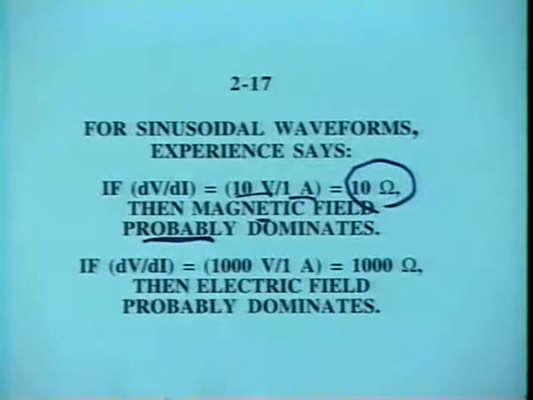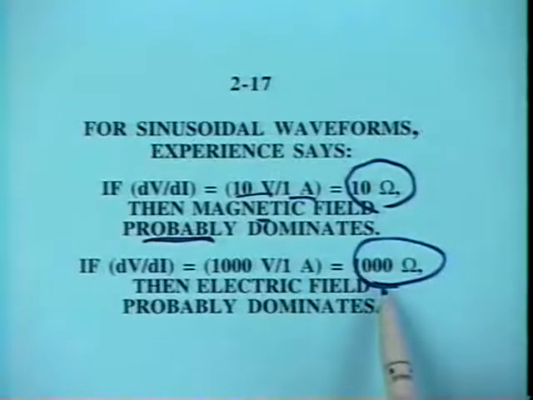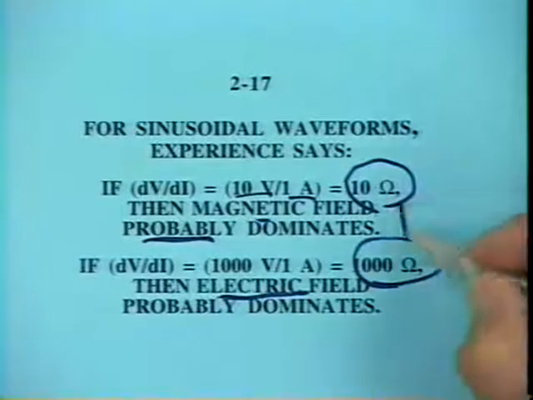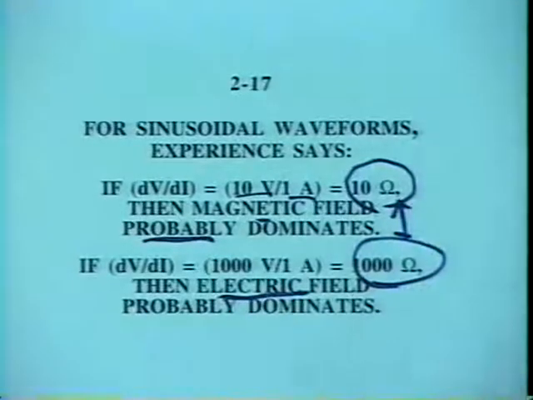On the other hand, if this cable causing noise had 1,000 volts and 1 amp of current, meaning an ohms number of 1,000 ohms, then I would be more suspicious of the high voltage causing an electric field problem. I wouldn't be certain, but it would just be a probable indication. So the ohms number is a good indication as to whether it's going to be magnetic field or electric field.